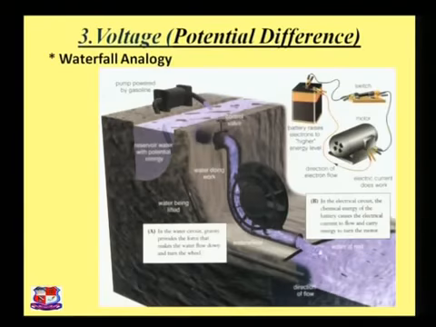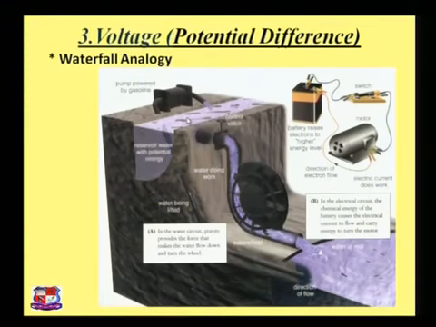Actually, if we want a brief overview of the potential difference, we can go through the waterfall analogy. Here there is one dam. The upper part of the dam has the higher potential energy, and the lower part has the lower potential energy. So now if we open the motor, then what happens?